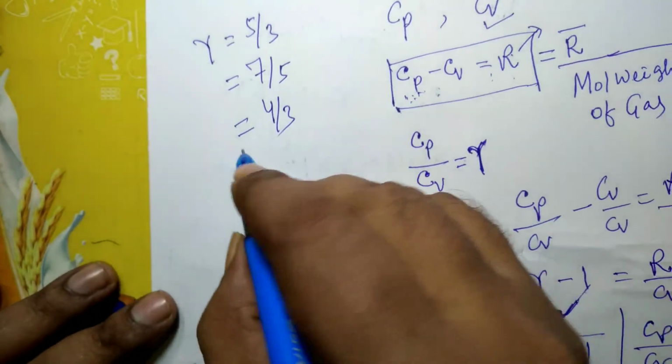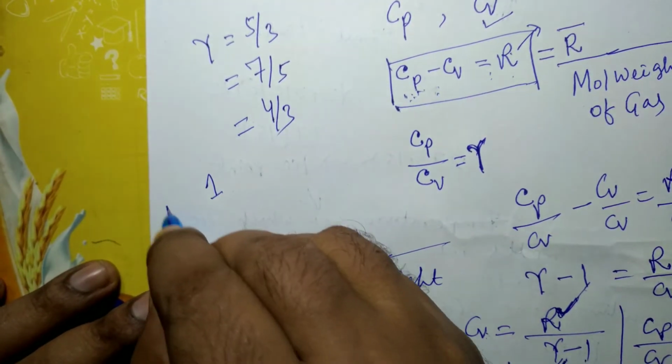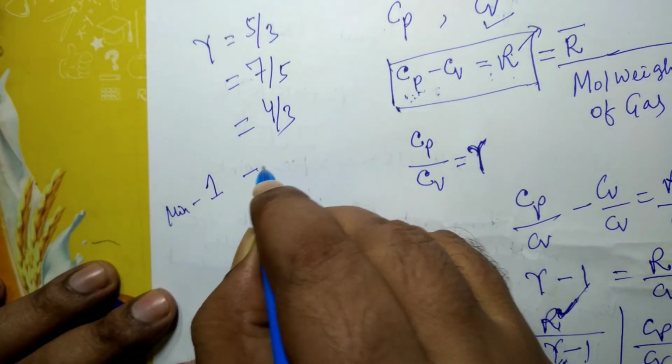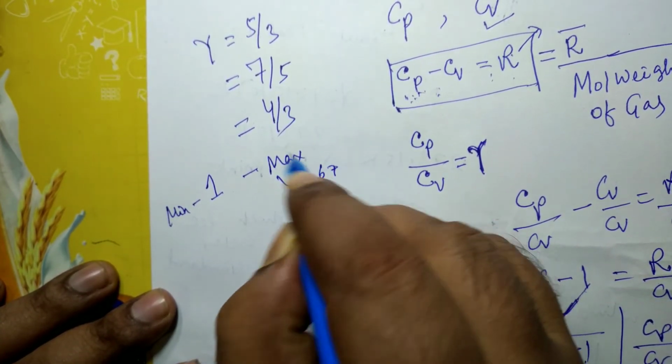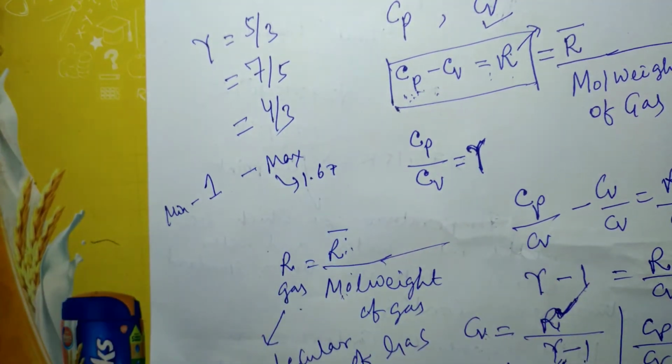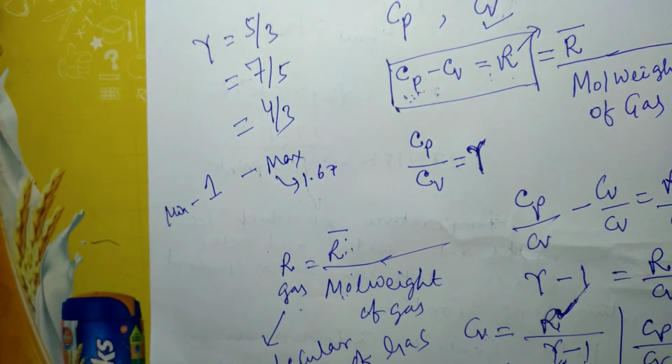In fact the minimum value of gamma is 1 and the maximum value is 1.67. A molecule with one atom is called monoatomic.